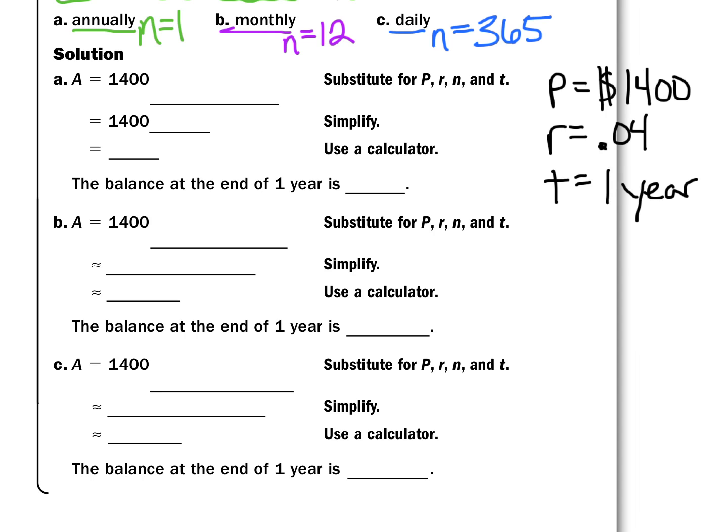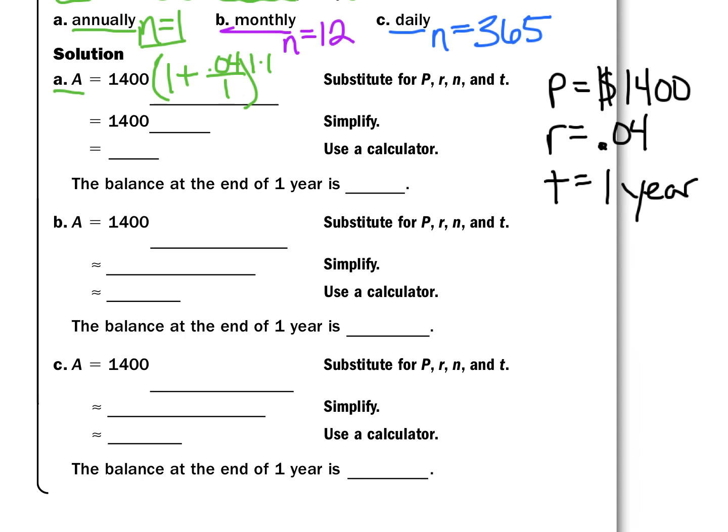So we'll start with A in green. Our N is equal to 1, P is equal to 1,400, R is equal to 0.04, and T is equal to 1. So 1,400 times 1 plus R, which is 0.04, over N, which is 1, raised to the N, which is 1, times T, which is 1.